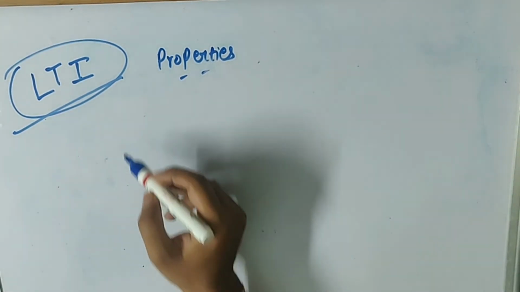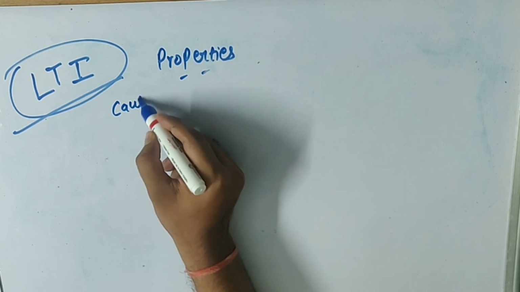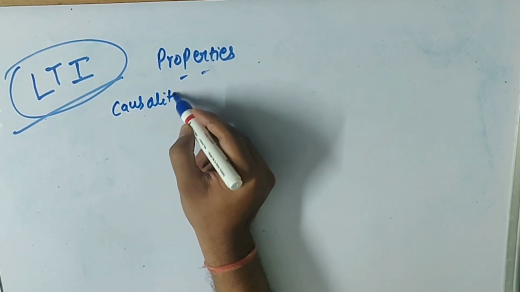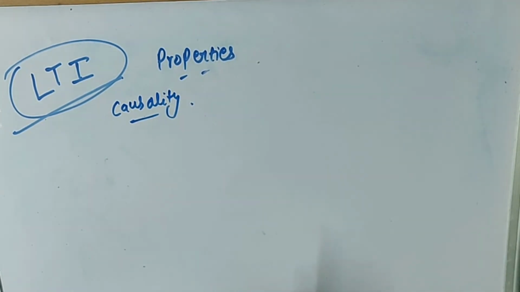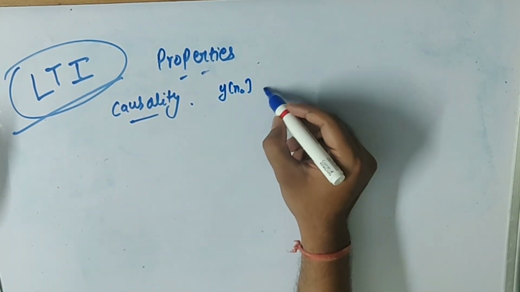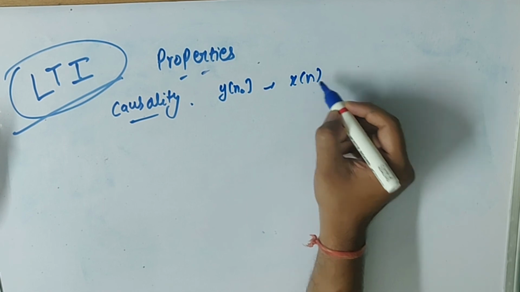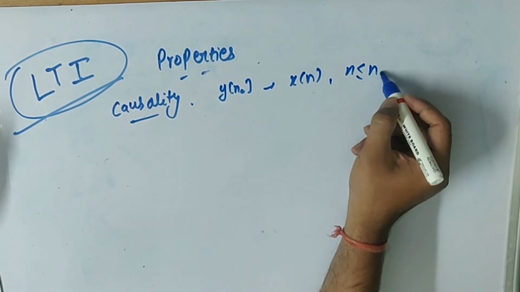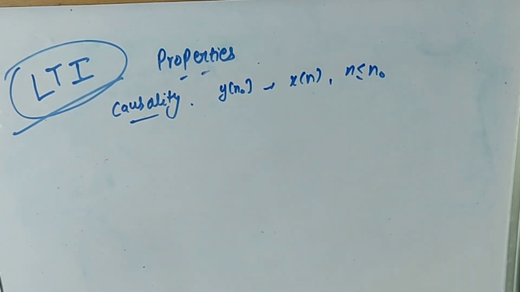Now let's talk about causality. The class of causal systems is defined as those systems for which the output y[n0] depends only on those inputs for which n is less than or equal to n0.